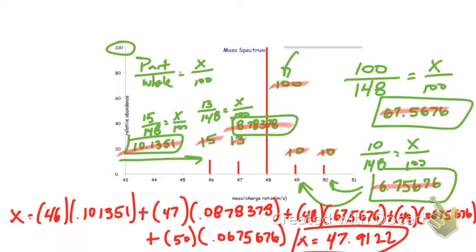But again, we get an average that's very close to 48, but because isotopes 46 and 47 are lighter, and if we look at their parts, they are about twice as abundant as isotopes 49 and 50, which are heavier, that makes the average dip below 48 on the periodic table.